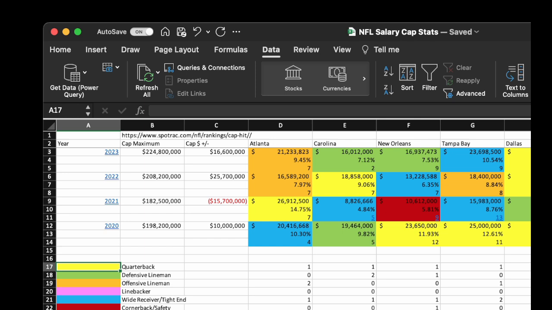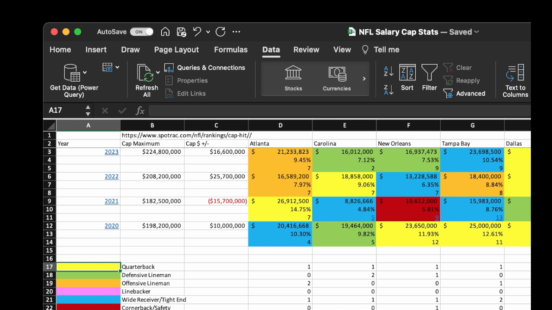Offensive lineman is marked in another color. Pink is a linebacker. Blue is a wide receiver slash tight end. And then red is a cornerback slash safety, the secondary positions. So that's what the color coding is.